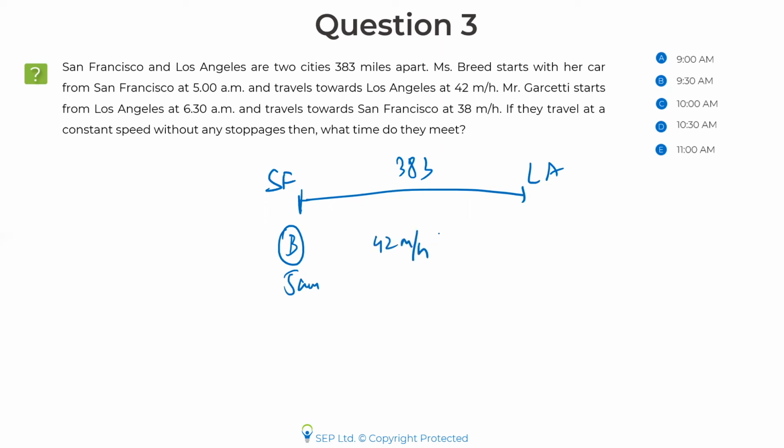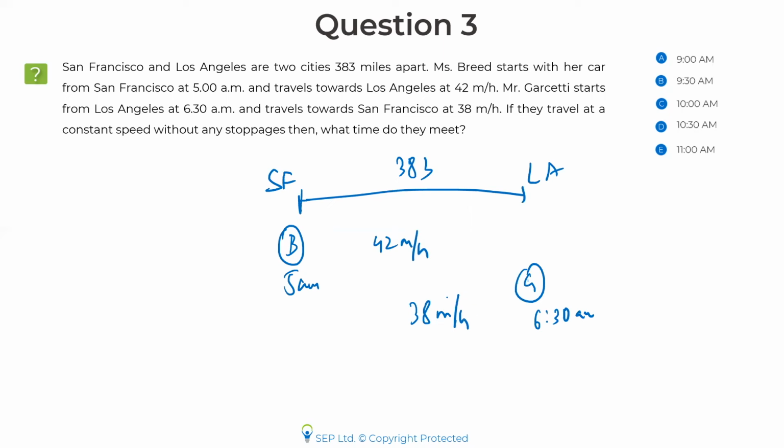There is another person, Mr. Garcetti, let me call him Mr. G. He starts at 6:30 a.m. and travels at a speed of 38 miles per hour. If they travel at constant speeds, at what time do they meet?